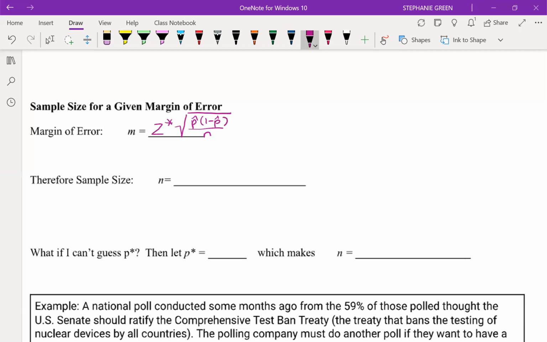Now of course I could plug in the given margin of error here, my z star and my p hat, and then use that equation to solve for n within this format. In the APEX video though, they do go ahead and construct the inverse of this equation so that we can solve for n more directly. Now the thing with this n formula here, which I'll write down, is that if you don't remember this n formula, it still is okay because we can use this format, the formula for M, to find n as well.